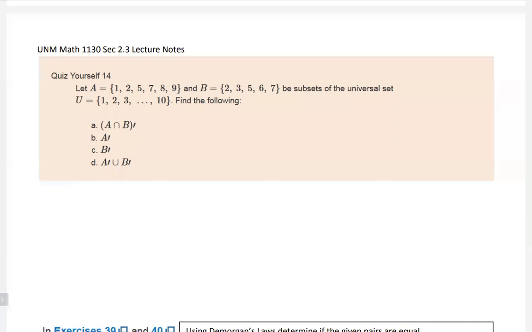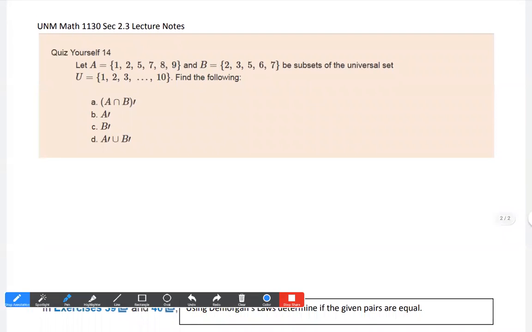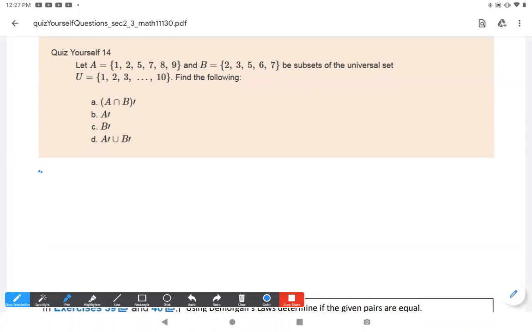So in part A, we'll first have to find the intersection of A intersect B, and then the complement. So first we'll find A intersect B. What do A and B have in common? That would be the 2, the 5, the 7.